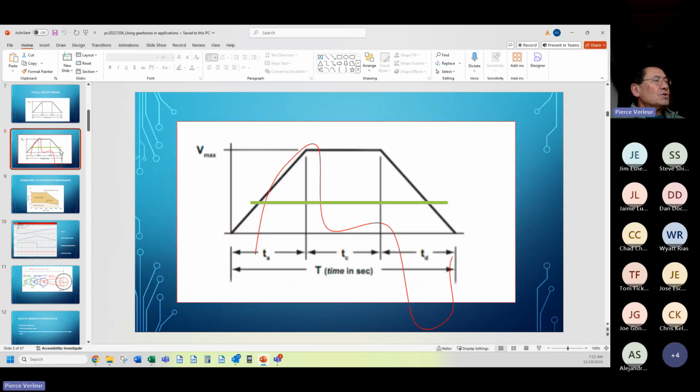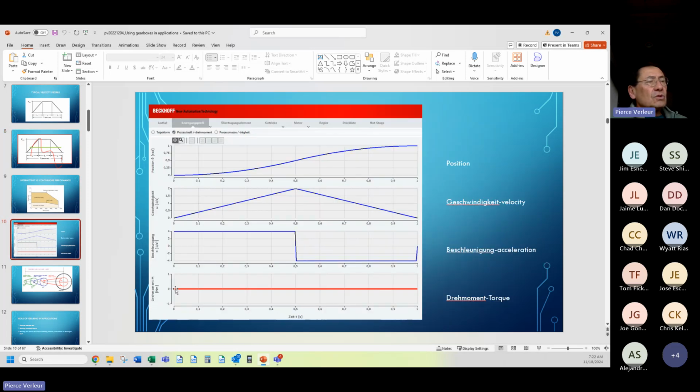Going back up here, this line is torque. Sorry, I forgot about that. This line is torque. Note the torque is constant for a constant acceleration and a constant deceleration, that's what's shown here, because the rate of change in velocity is constant, and the rate of change of velocity is acceleration. By the way, those of you familiar with calculus, this is your position. The rate of change of position is velocity, position over time.